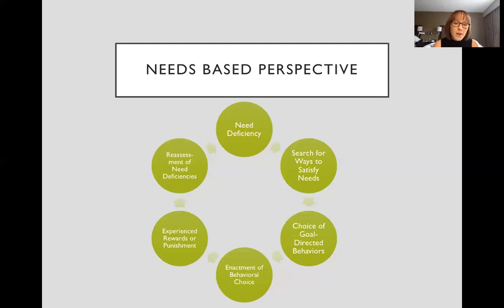So then we enact that behavioral choice. We begin our diet and our training plan, and we run every day and do a long run every weekend. And then we experience rewards or punishment. We either see that our behaviors are resulting in the outcomes that we want them to: I'm running faster, I am running longer.